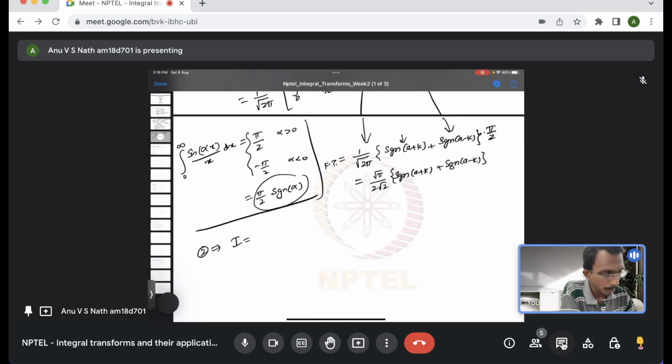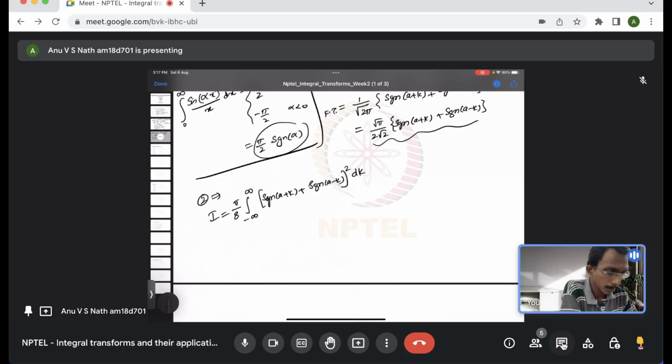Okay, so now from equation 2 we have the integral that we want will be actually equal to the integral from minus infinity to plus infinity of the square of the Fourier transform of sin ax by x. So if we square that, the constant I am taking outside, root pi squared is pi, divided by 2 root 2 squared is 8, into (sign of (a plus k) plus sign of (a minus k)) squared dk, integral minus infinity to plus infinity.